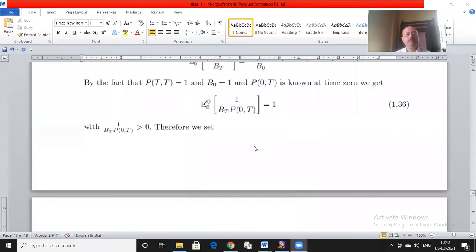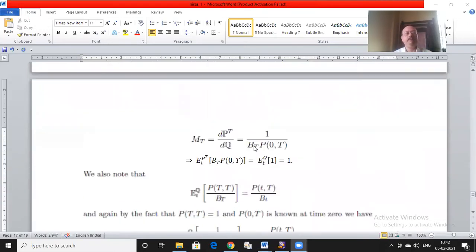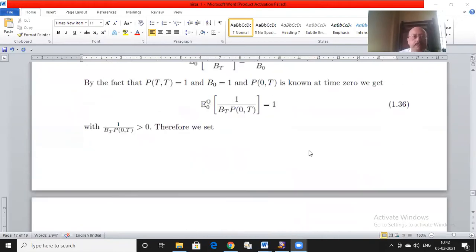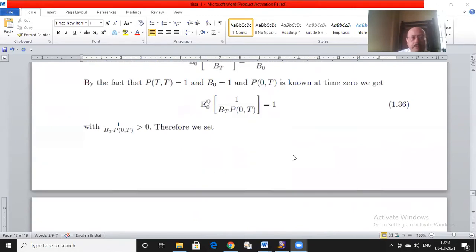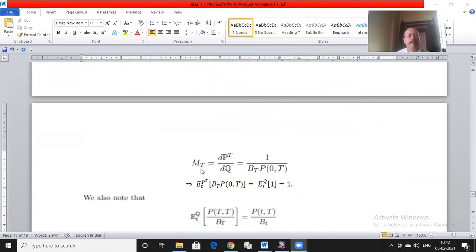Okay. So therefore, what we do is we set our probability change derivative measure, because that's what we wanted to find. So our MT, which is our dPdQ, which changes the probabilities from Q probability to PT probability, risk neutral to our T forward probability, is just this ratio.